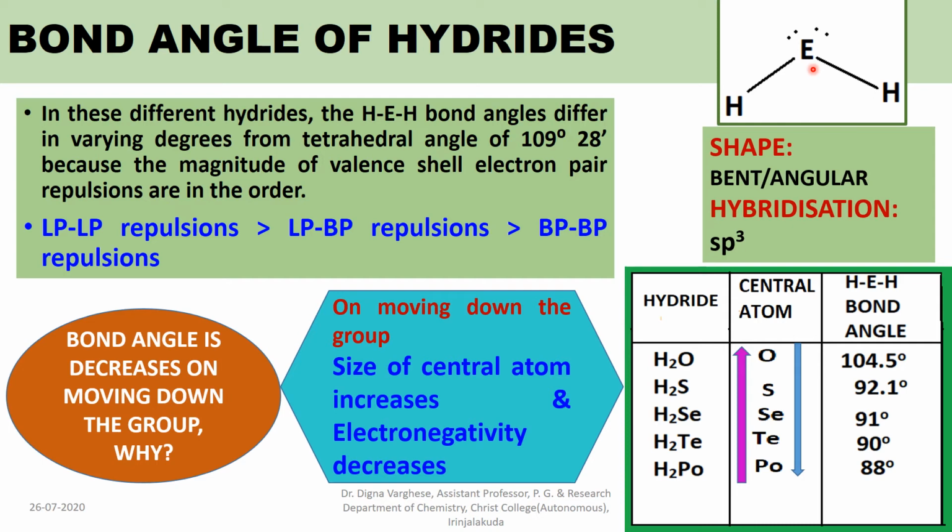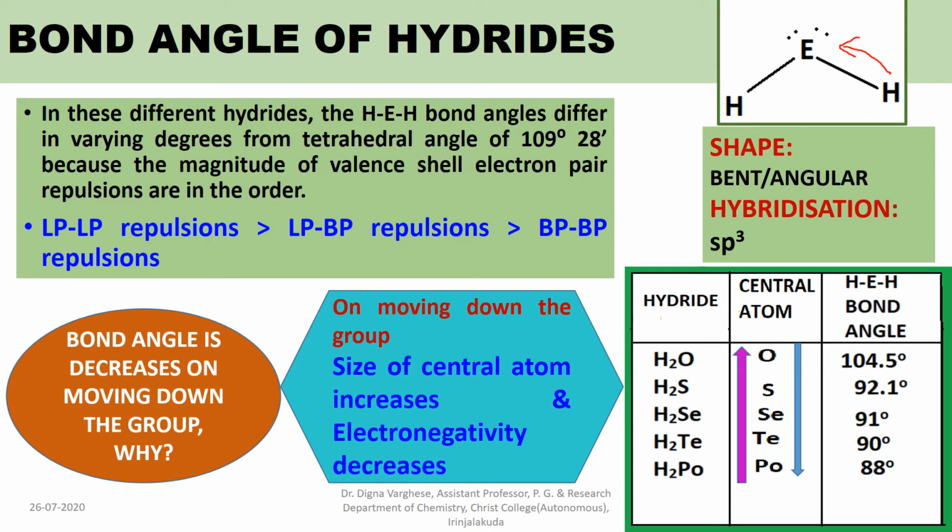Therefore the electrons are closer to the central atom, that is oxygen. So the electrons move more towards the oxygen atom. Therefore the repulsion is greater here, and therefore the bond angle is higher in the case of water.